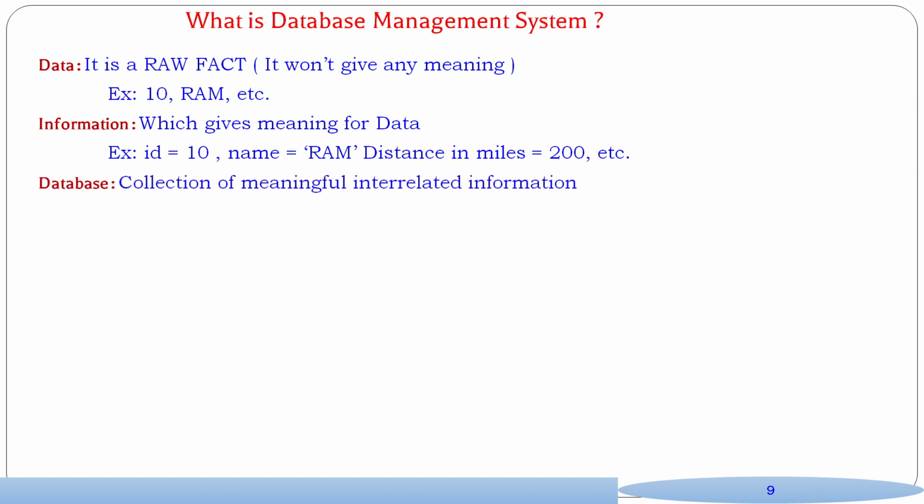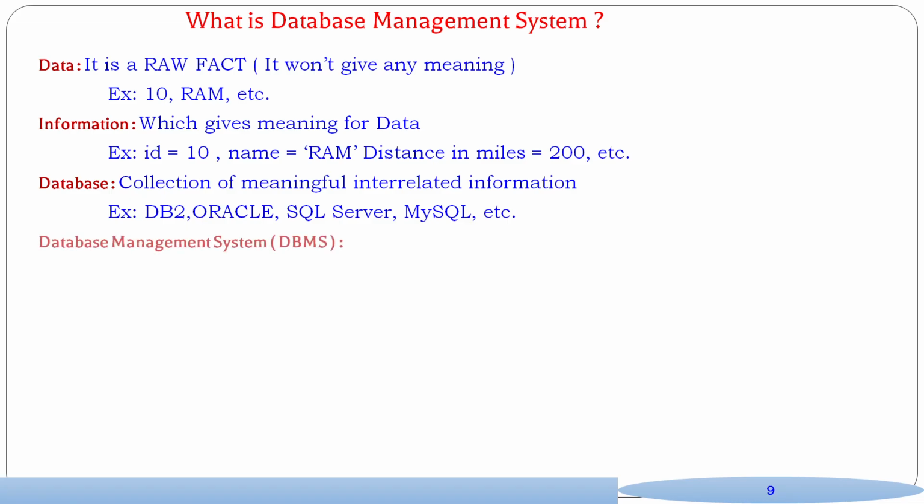And a database, as I mentioned in the previous slide, is a collection of meaningful interrelated information. Examples are DB2, Oracle, SQL Server, MySQL. These are examples of popular databases available in the market.